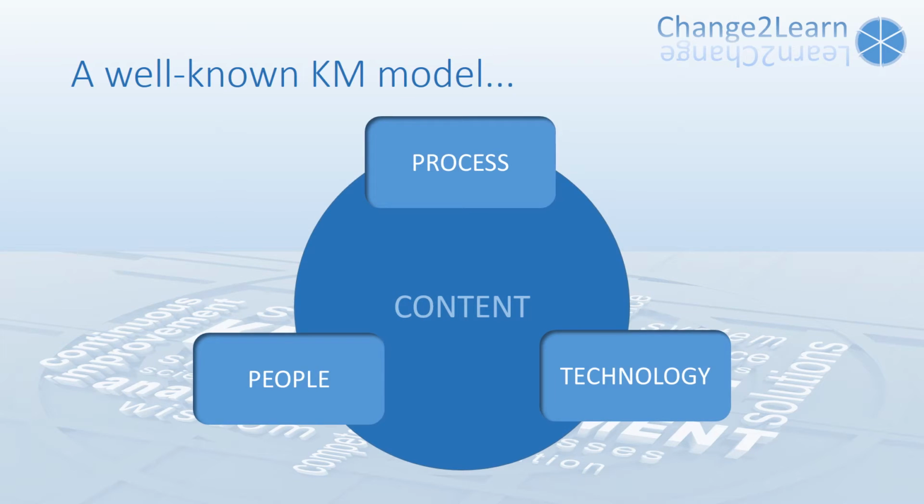Most probably, you will recognize this three-dimensional knowledge management model, which covers first of all, the process. The process of sharing, collaborating, learning and continuous improvement in your organization. Secondly, technology.